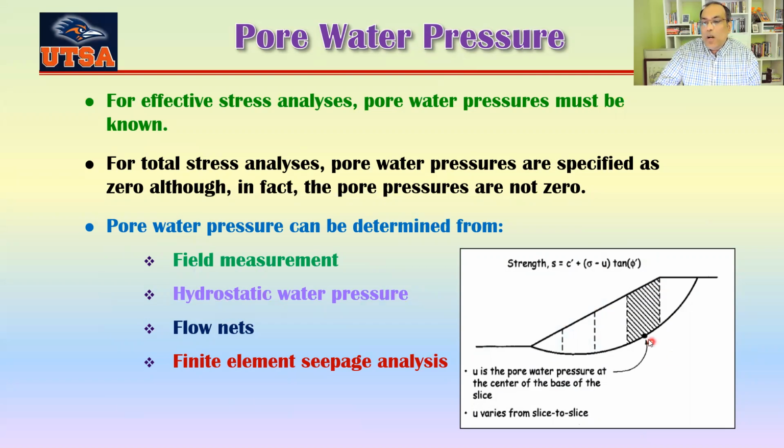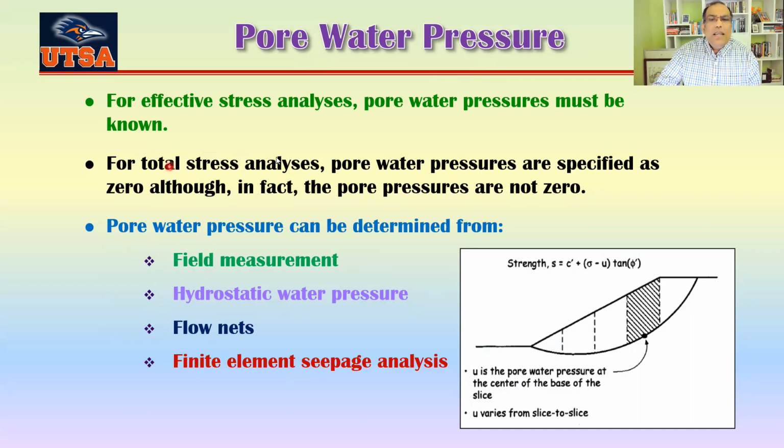And then we subtract the pore water pressure at the bottom of that slice, let's say here. Then basically we can find out the effective stress. Once we know the effective stress, then we can find out the strength of soil in terms of effective stress, right?